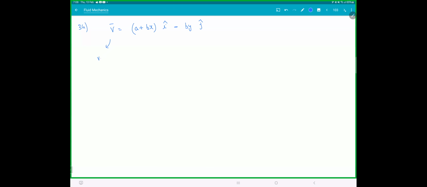So v is the velocity of the particles. a and b are constants. So find the equation of the streamlines and draw the streamlines. How will they look like? Try. I'll give you 2 minutes.